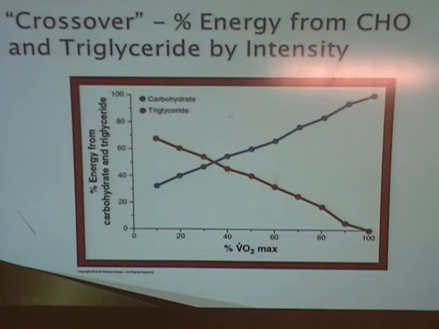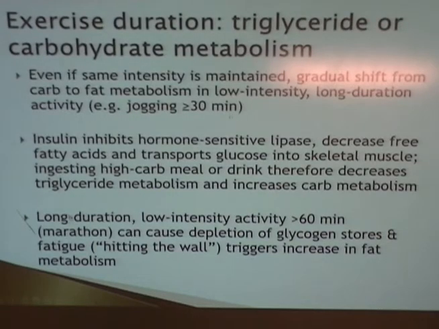And that split, just as you can see, the harder I'm working, right? The harder I'm working, the more important carbohydrate is and the less important fat is. Okay? So that crossover occurs about 35% of VO2 max. Oops.